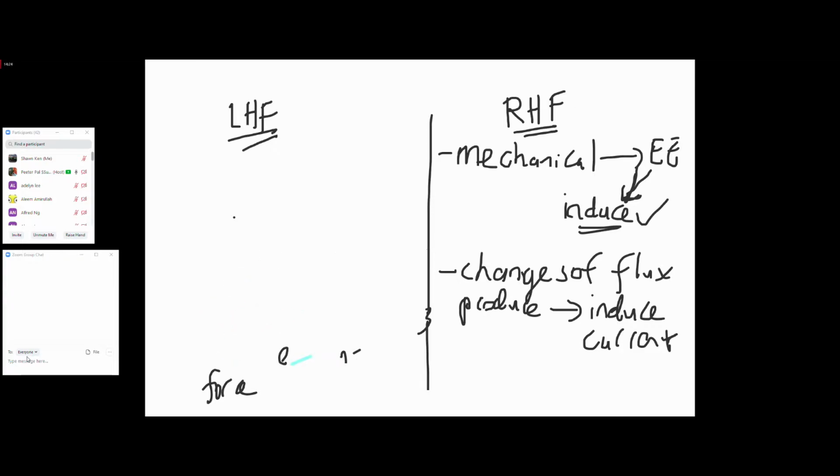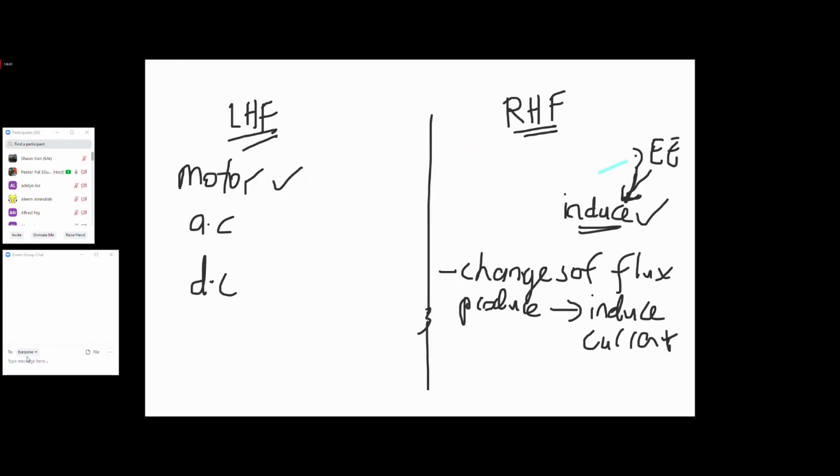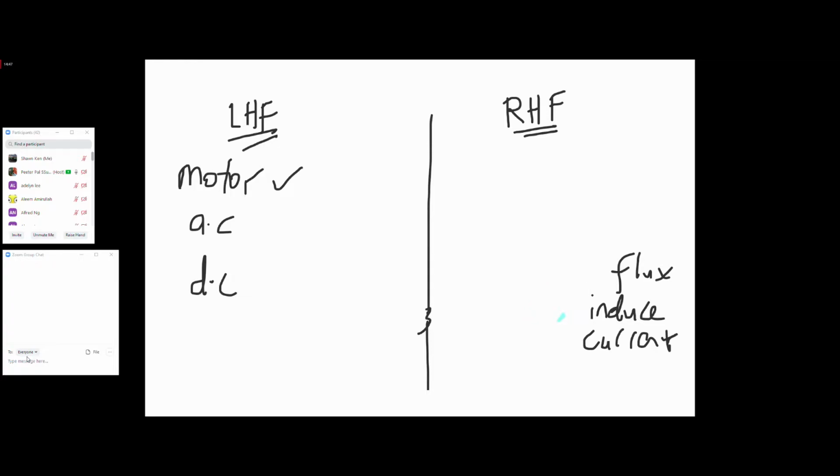It can be AC or DC motor, but all the motors use left hand rules, right? And then right hand Fleming's rules we use for generator. Any form of generator. There are two types of generator because this is production of induced current.